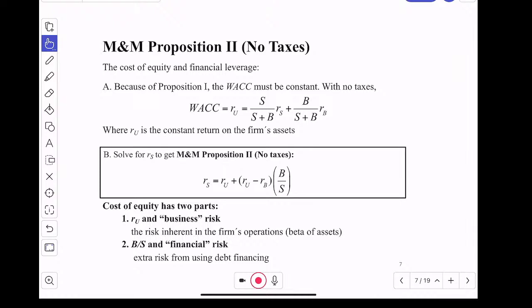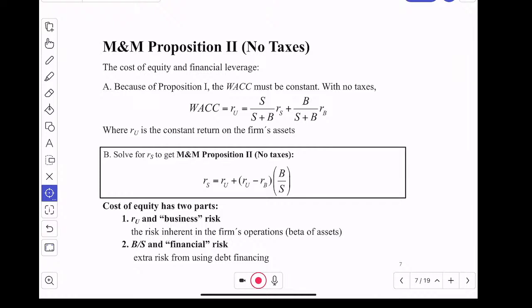But in the levered firm, there are shareholders and bondholders, and the average investor. So all these stakeholders need to be considered, and the way we consider their perspective is their required rate of return. So this is their dollar return.